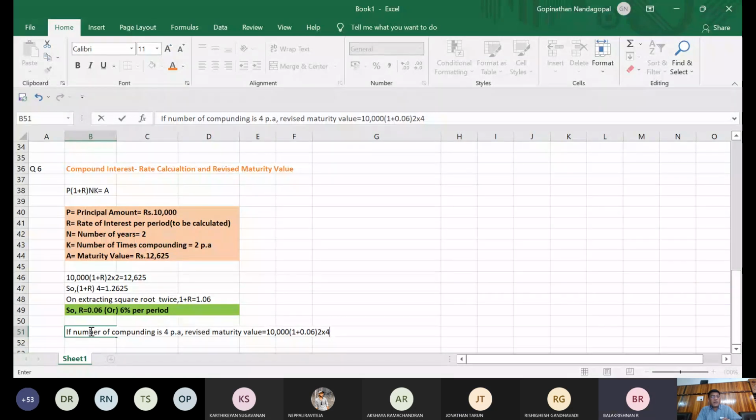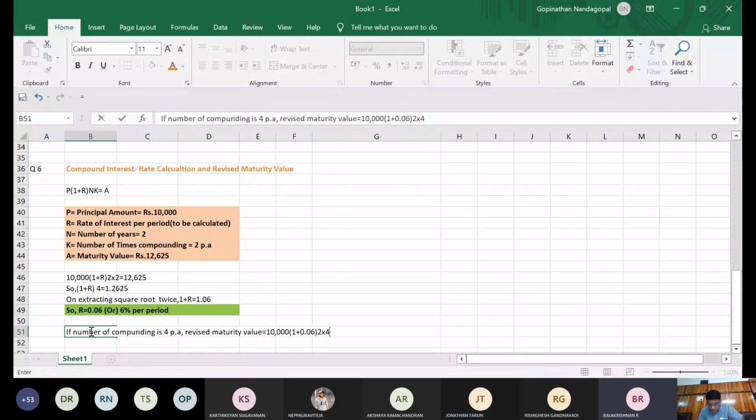They said that only your compounding is changed, but they never said that the interest rate will change. Yes, sir, here also the interest rate is not changing. It is still 12% per annum, there also 12%.